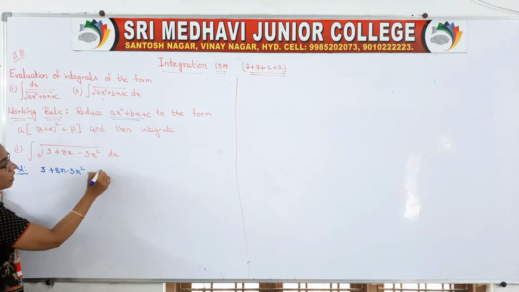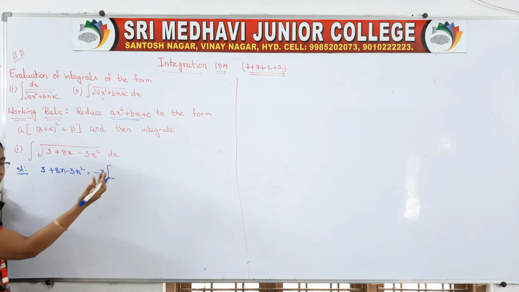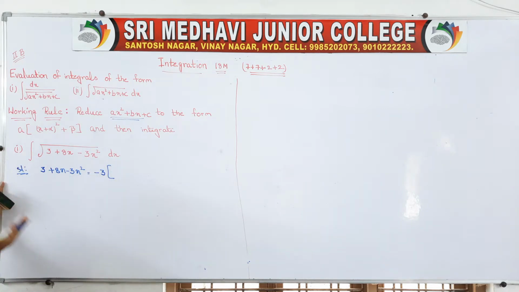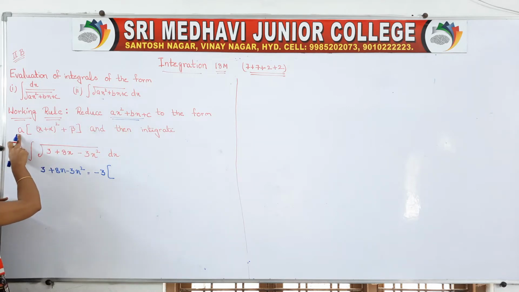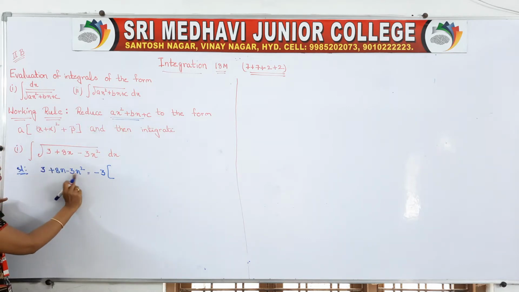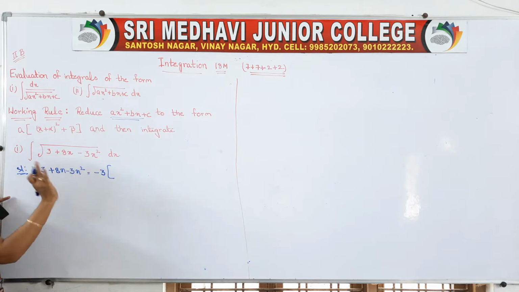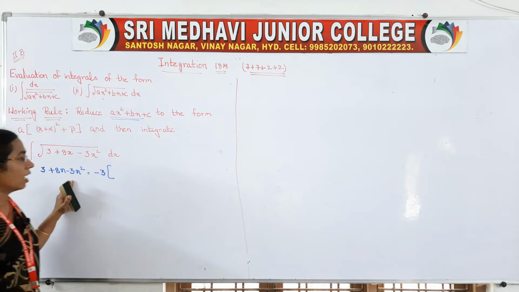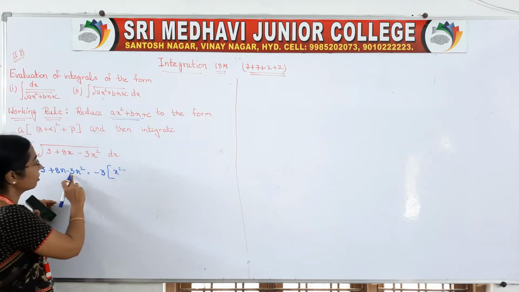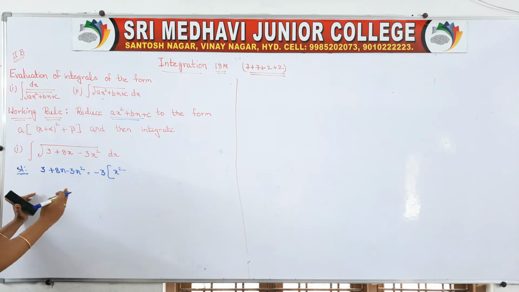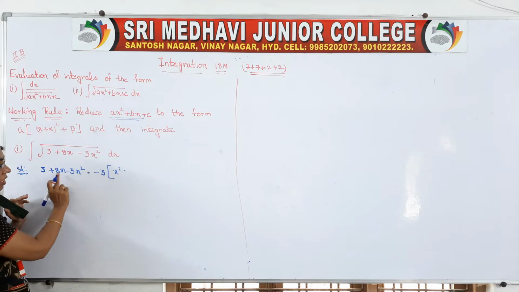So you take that minus 3 outside. Otherwise, just the x square coefficient should be taken outside. You can think like that also, isn't it? The x square coefficient is a, and here a is taken outside. So here the x square coefficient is minus 3, take minus 3 outside. Now what will be your equation? From minus 3x square, minus 3 is taken outside, only x square will be there.